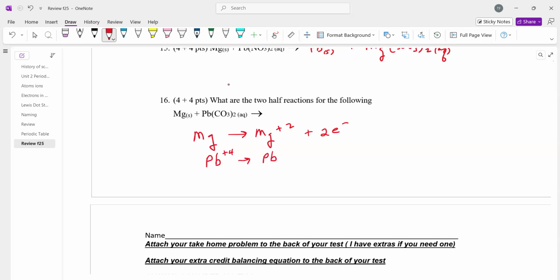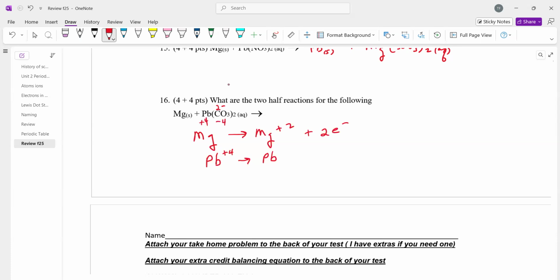Because carbonate CO3 is a -2. So we need a +4 to balance the -4. So these are -2 apiece, and you have two of them, so that's -4.